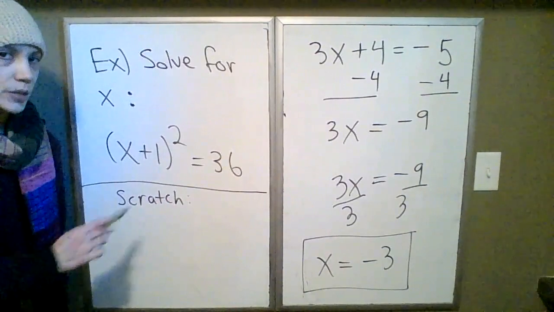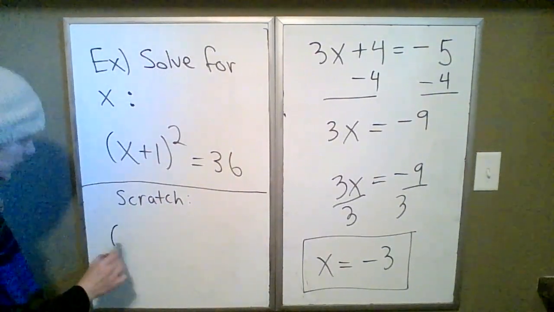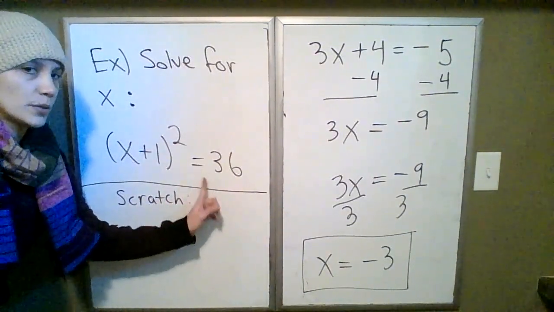I'm going to square root both sides and put a plus or minus sign in front of the root of 36.